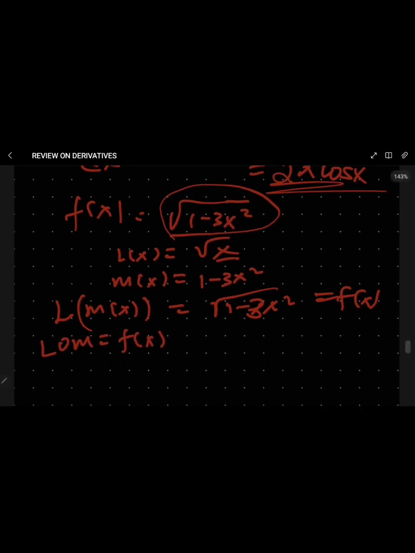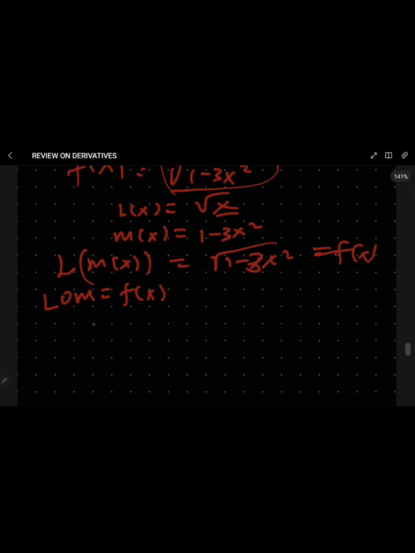All right, so how do we do this? We are going to treat the square root of x as one thing, then 1 minus 3x squared as another thing. So what is the derivative of root x? We did this last time, I remember. I can write root x as x to the power of 1 over 2, and treat it like a polynomial.